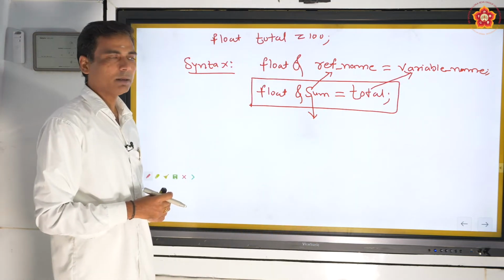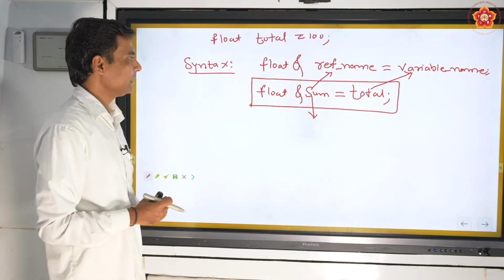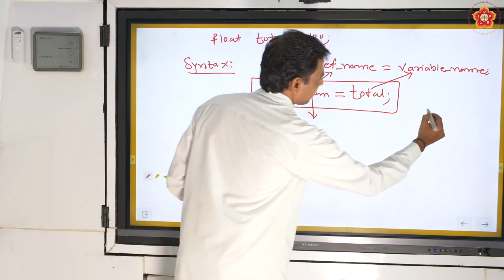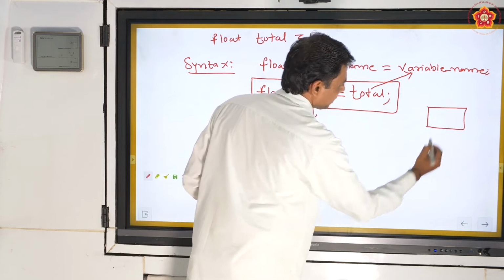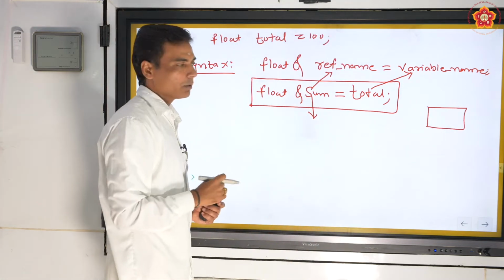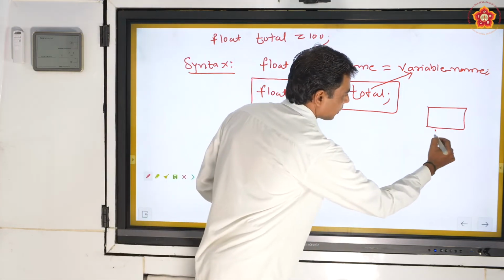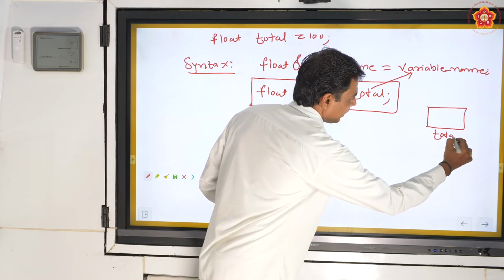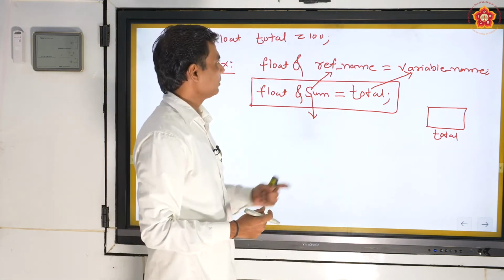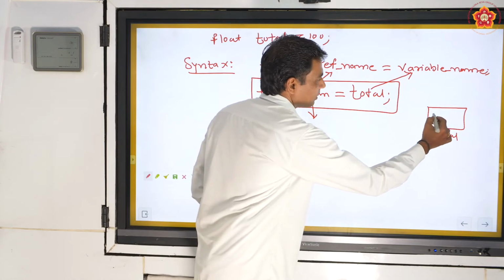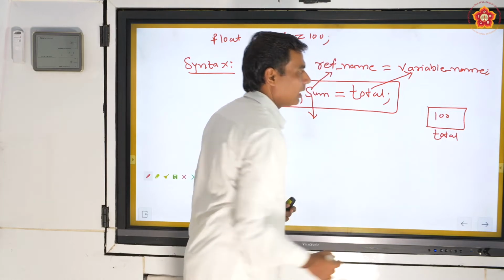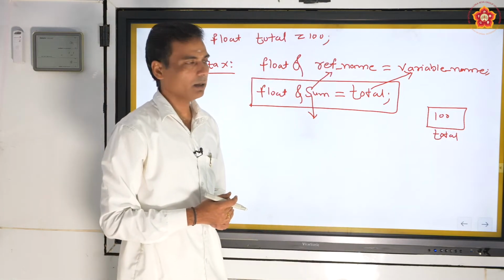So what is happening in the memory? Let's see here. We have created one variable. This is the memory location. To this memory location we have given the name total, which is the actual variable name, and in this memory location we have inserted the contents 100.